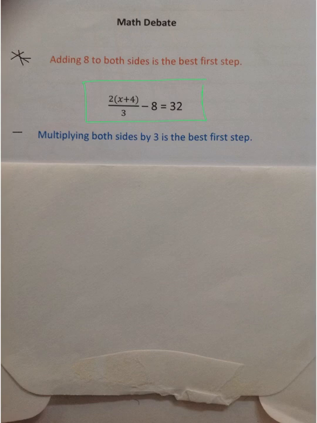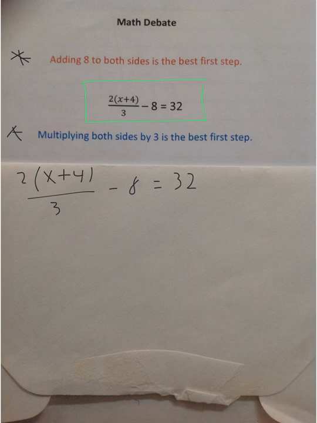Or do you think that multiplying both sides by 3 is the best first step? So what we did in class is we took a minute and we just highlighted the one that we thought would make more sense to us, and then we split into 2 groups and we worked it out, and we talked about both steps and why they both work and which one might be easier to do than the other.